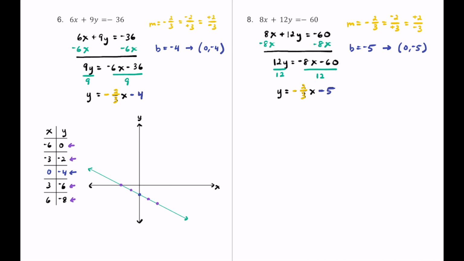Now let's make a table. All right, we got our XY table. We can throw in our free point of 0, negative 5 right in the middle. Now we see our denominator for our slope is 3, so to cross cancel, let's use multiples of 3. So I'm going to go down 3 and down 3 again. Then I'm going to go up 3 and then up 3 again. Now, if you notice here that these values are increasing by 3 as we go down, then we must do something different with the y values.